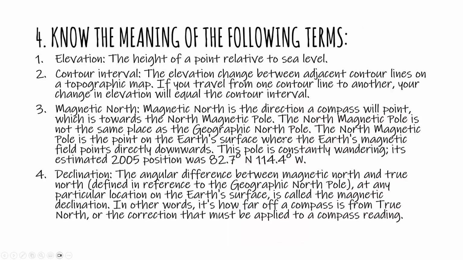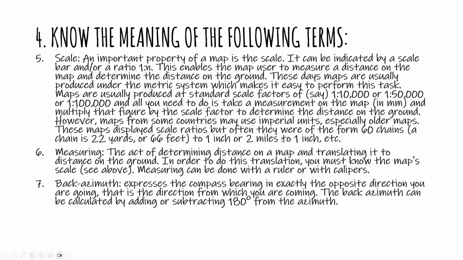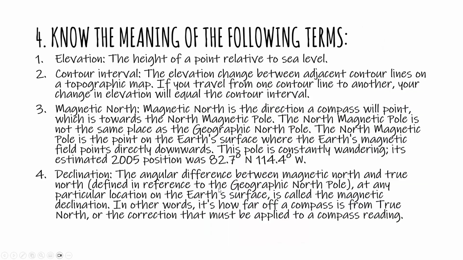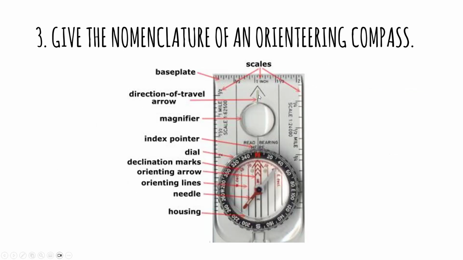Now, the back azimuth is going to be the opposite, exactly opposed to that. So when you're measuring, we said it's a compass bearing. Remember that we have the bearing here, and it's giving me my direction. This arrow, as I move it on the map, is going to be pointing towards where I want to go. My azimuth is where I want to go.